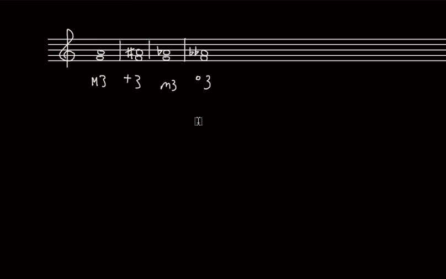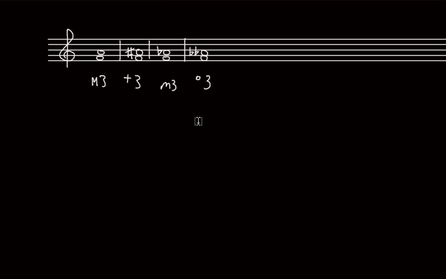Now if I have a minor third, melodic, and if I lower that by another half step, the top note, A to A double flat, then I get a diminished third. So that is an example of what a minor third, major third, augmented third, and a diminished third sounds like.